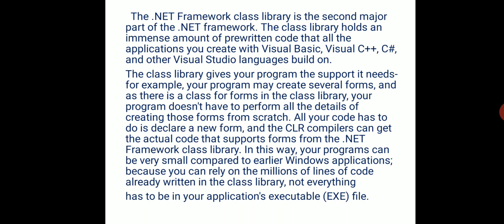In this way, your programs can be very small compared to earlier Windows applications, because you can rely on the millions of lines of code already written in the class library. Not everything has to be written in your application's exe file.